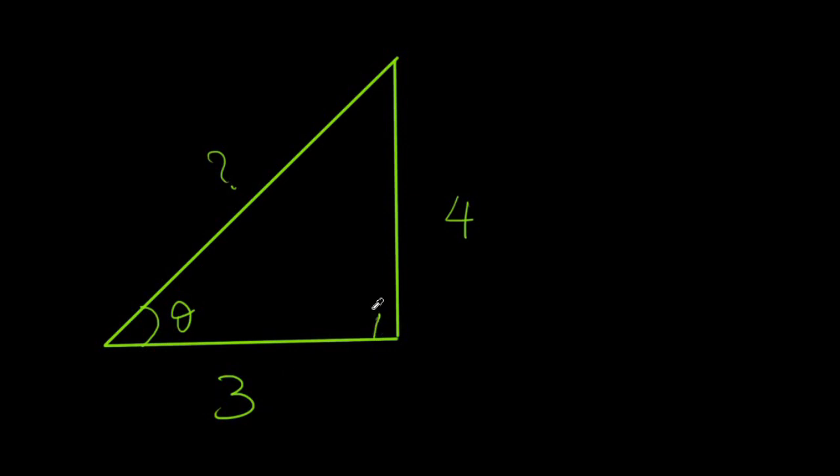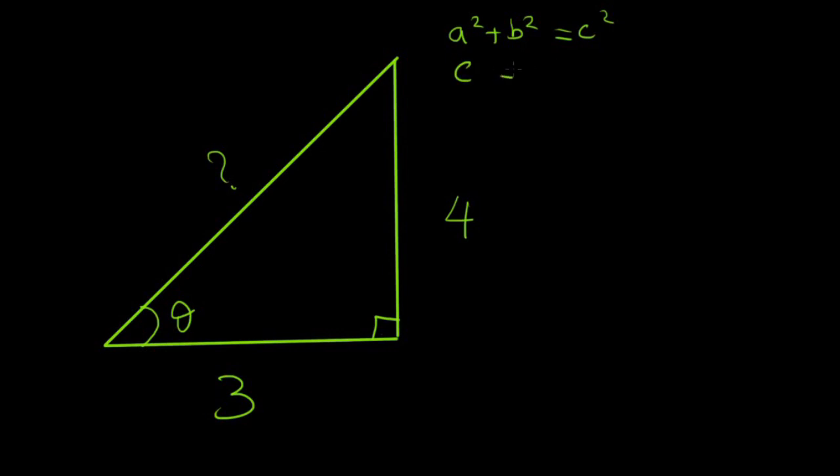And as a fact, trigonometry is with right triangles. So we have a right angle here, and this is the hypotenuse, and the theorem for the hypotenuse is the Pythagorean theorem, so we can use it. We know that a squared plus b squared is equal to c squared.